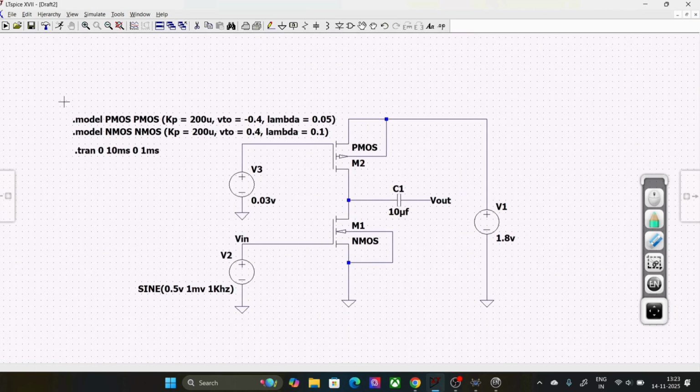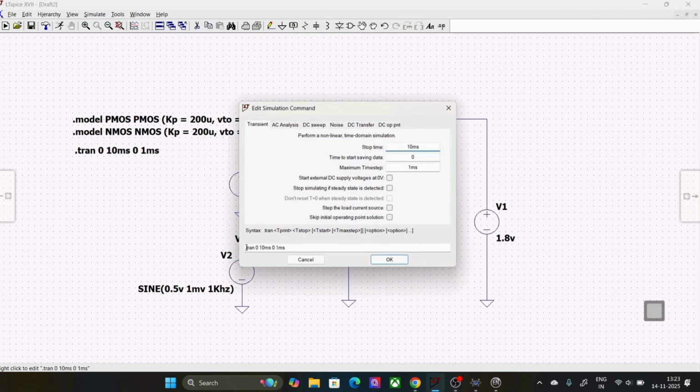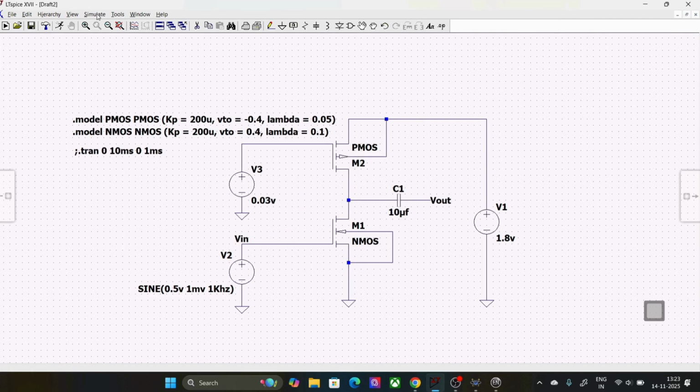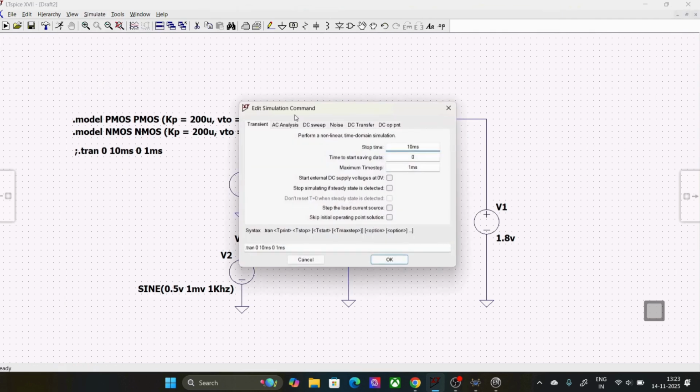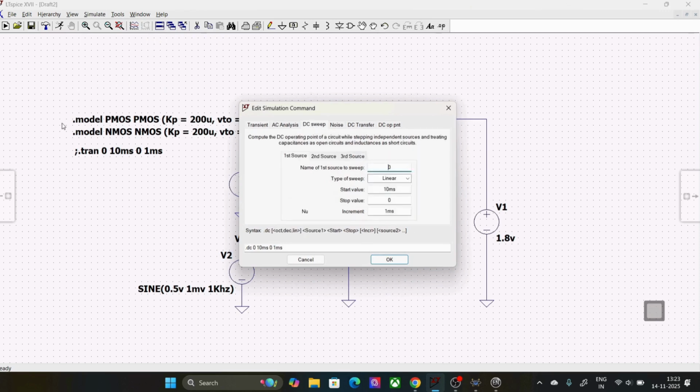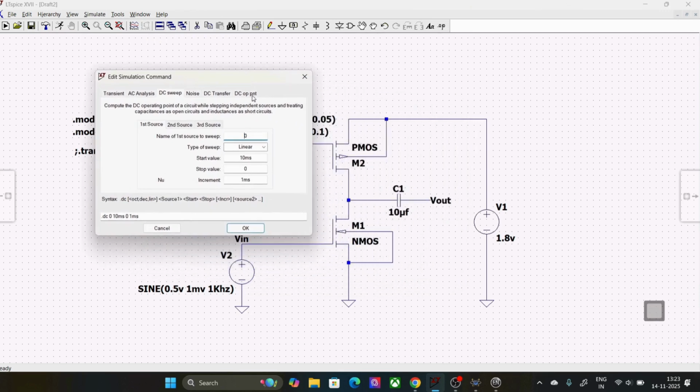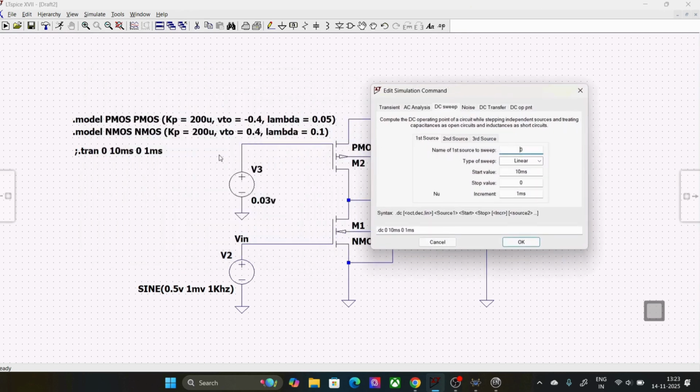Over here you just click and put a semicolon, so that the transient analysis won't be run henceforth. We just need to focus on the DC sweep. Over here we are going to plot a graph between Vbias, which is nothing but V3, versus ID, that is the drain current that flows from both of the MOSFETs, right?